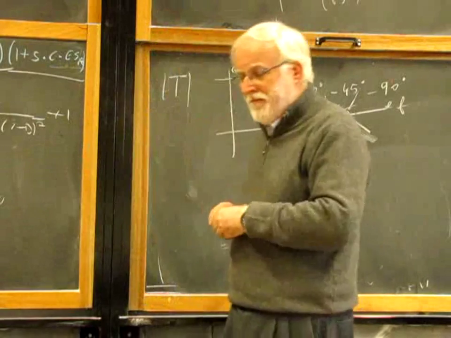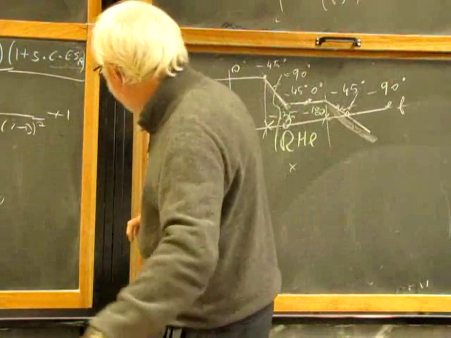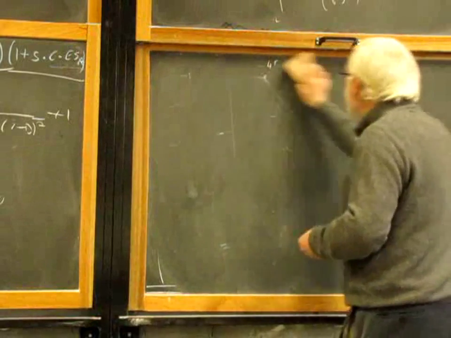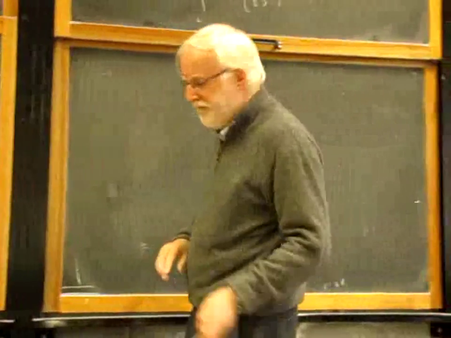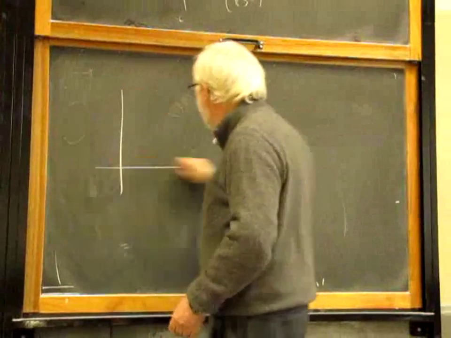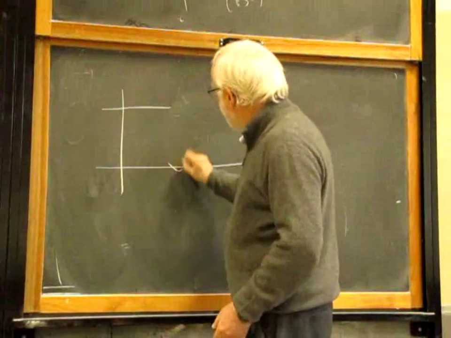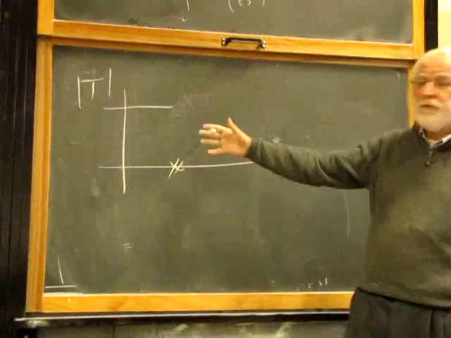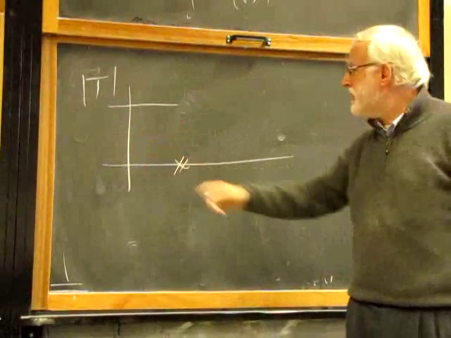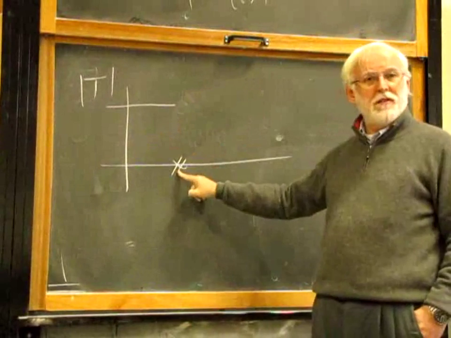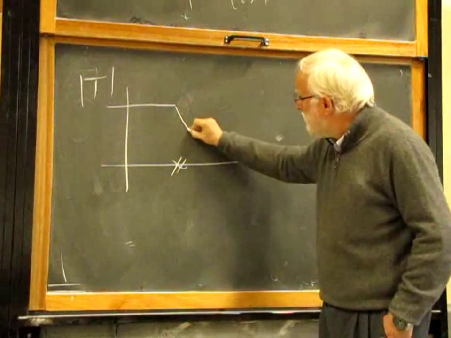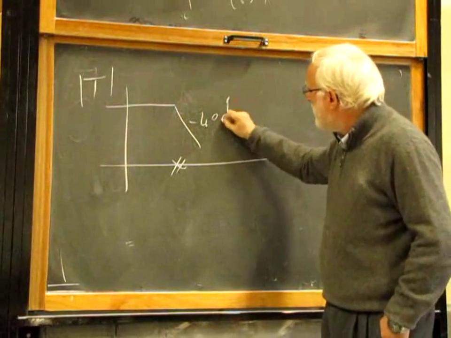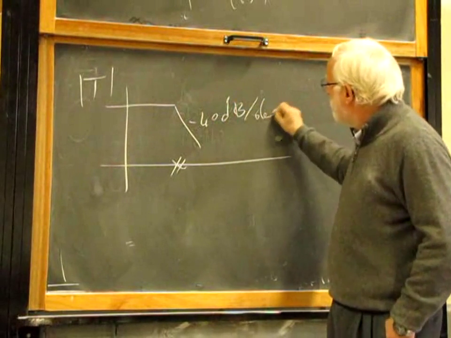Now, let's consider another transfer function. We will see that our loop gains won't be like this, but two complex conjugate poles, so my slope comes down at negative 40 dB per decade.